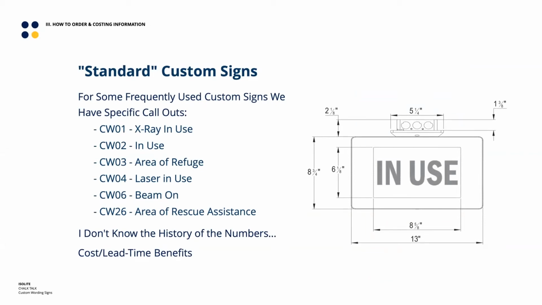You can see in the model number callouts, we have the CW0102034626, X-ray in use, area of refuge, laser in use, beam on, and area of rescue assistance. Because we do those in a little bit higher volume, we tend to order the plates in higher volumes. The benefit of these standard custom signs is, one, it's less communication back and forth because you can just order the model number and be good to go.